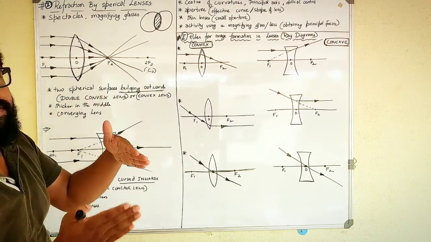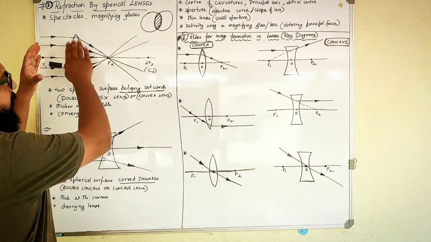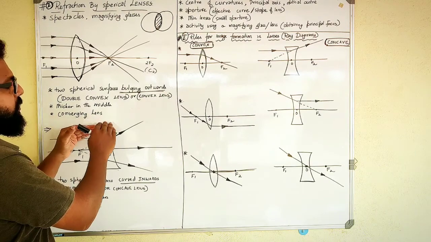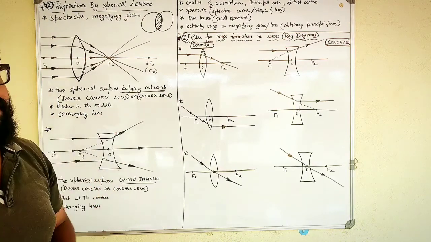Such type of bending is called converging of light rays.